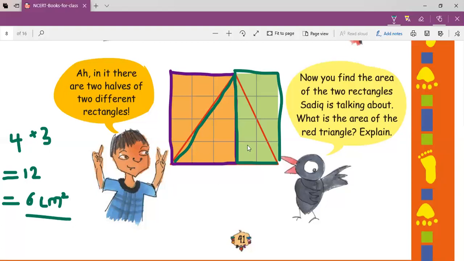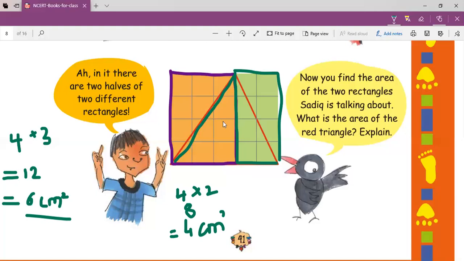Next, green. Length is 4, breadth is 2. 4 twos are 8. And half of 8 is 4 square centimeters, or 4 centimeter square. Now what do we have to do?